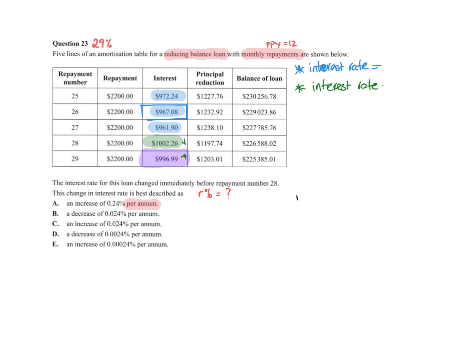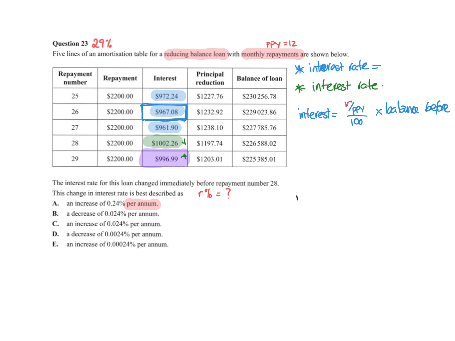I'm going to pick this one here because it's in the blue. How do we find interest on an amortization table? It's always done as the rate over the PPY over 100 times the balance before.